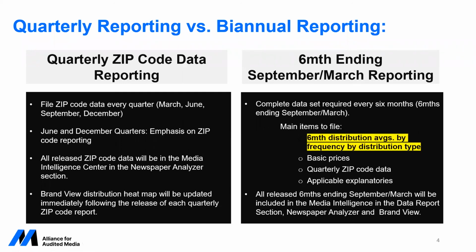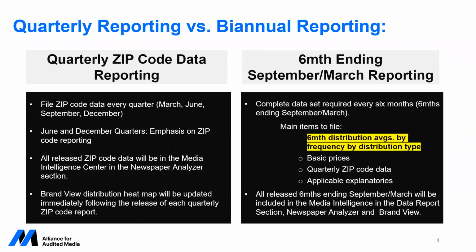Your distribution claims are going to be from October 1st through March 31st. September would be from April 1st through September 30th. And then for March filing, your zip code would be in that March quarter, so you select a zip code between January and March. September, you're going to select a zip code between that September quarter, so between July and September.